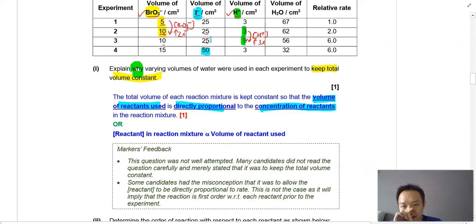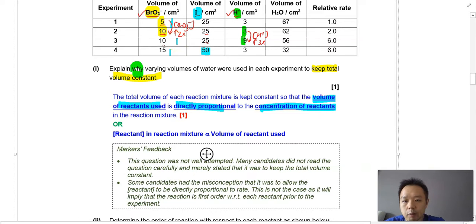For example, if we compare between experiment 1 and 4, I minus doubled, but BrO3 minus tripled. If I compare between experiment 4 and 2, I minus doubled too, H plus remains the same, but the concentration of BrO3 minus increased by 1.5 times.